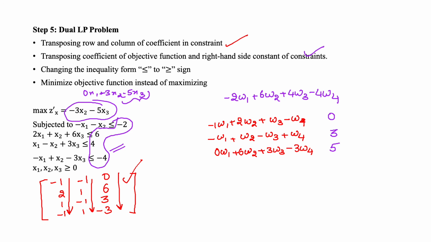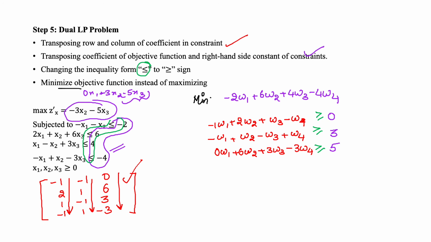Next I have to change less than inequalities to greater than inequalities in the dual problem. So here just write it like this. So that step is also done. Last, my primal is a maximization problem, so I will have a minimization objective function instead of maximization in the dual problem.